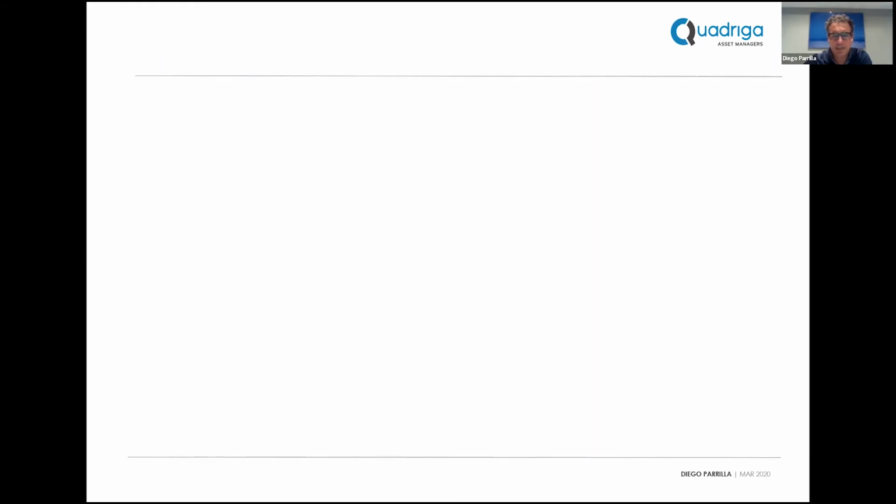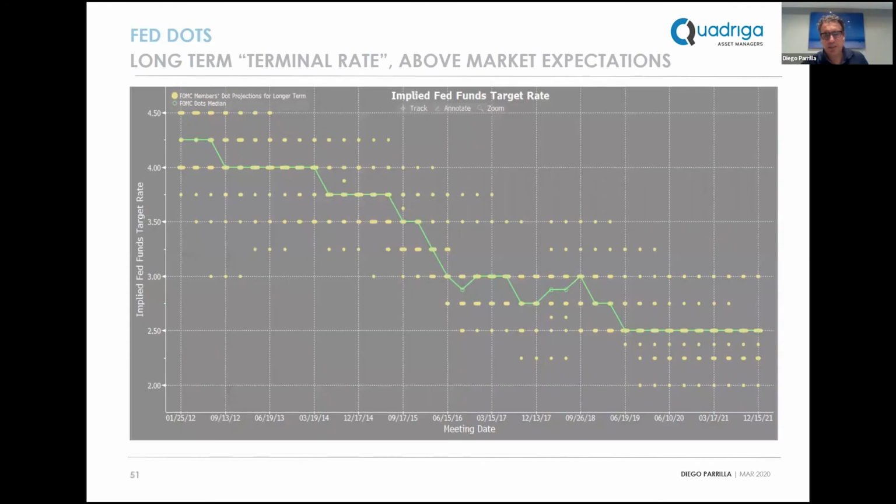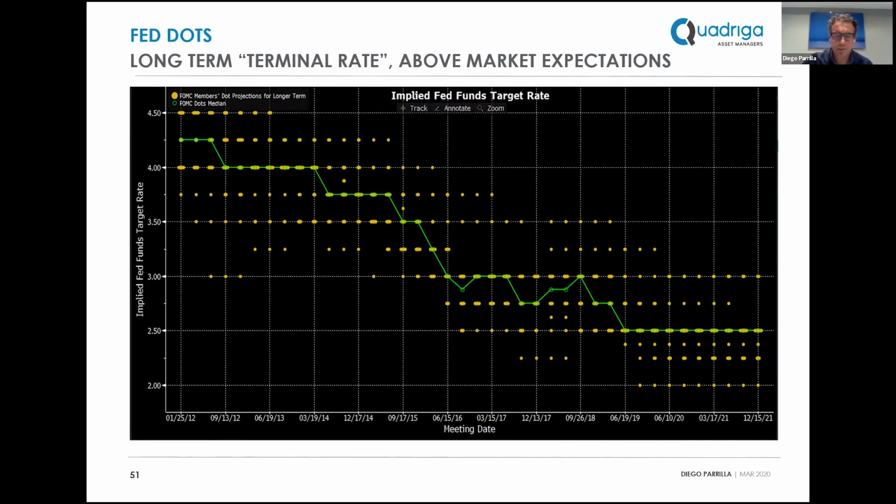When you look at the long-term trend of where they see what they define as the terminal rate, we see that the terminal rate has remained around 2.5% for a while, but historically it's been always coming lower and lower.